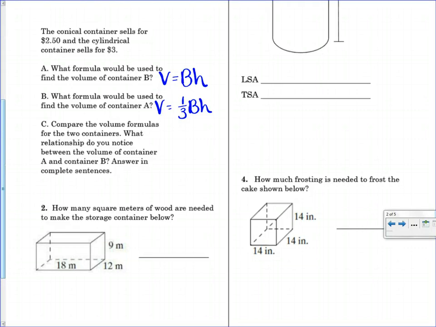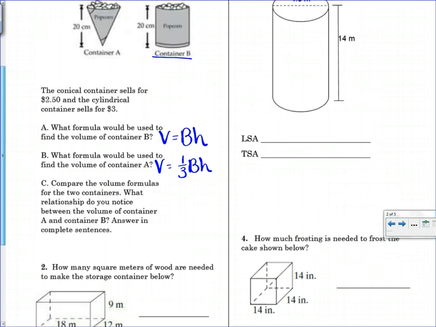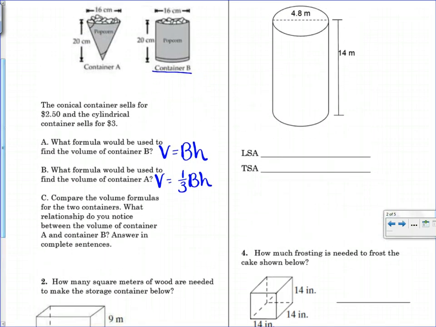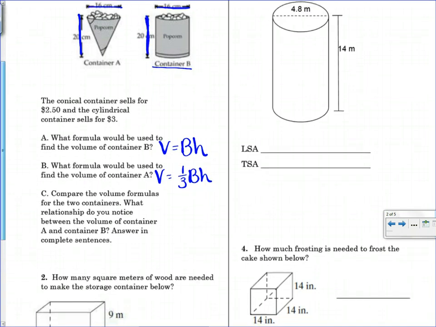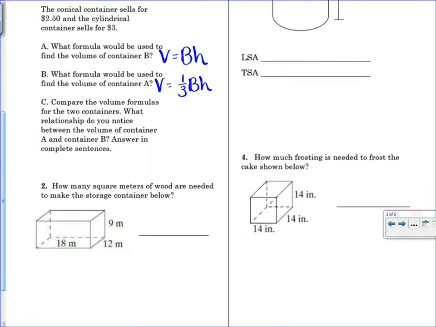Answer in complete sentences. So if I'm looking at container A and container B, I notice they have the same diameter and they have the same height. The only difference is one is a cone and one is a cylinder.